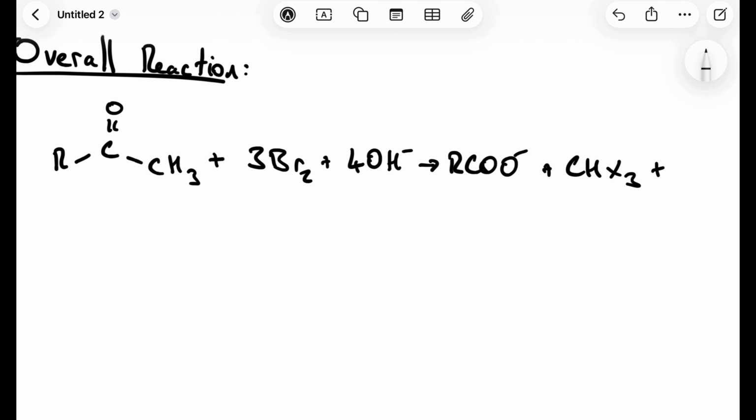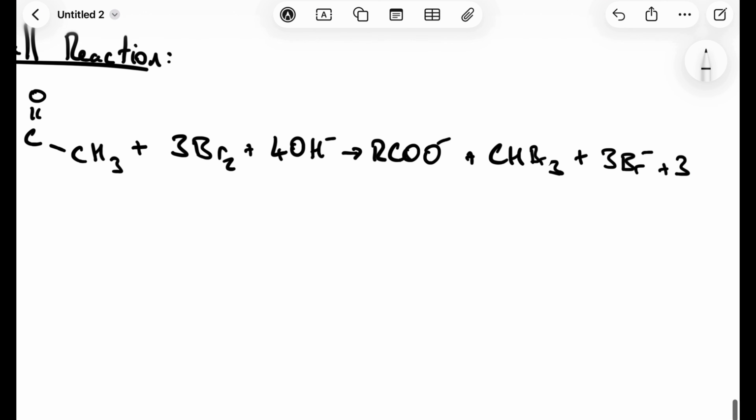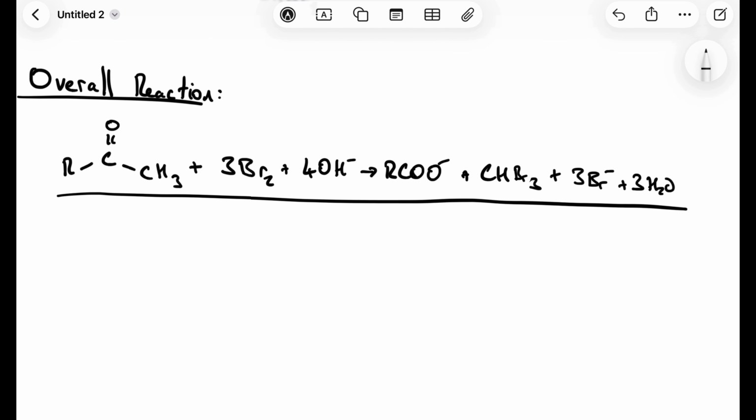So we can get our haloform, which in our case was bromoform. And you get 3 bromide anions and then the 3 evolved waters. So that's our overall reaction.